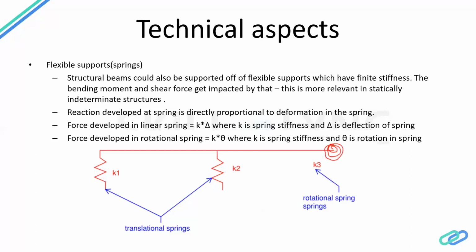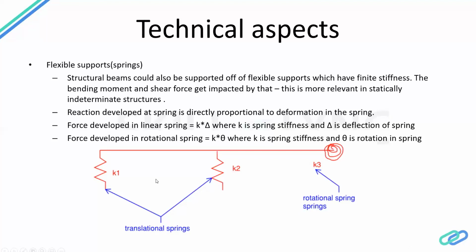So in that case, if you consider this beam here, say it's supported off of two vertical springs, one having a stiffness of K1 in load per unit deformation, and this one having a vertical spring stiffness of K2, and then we have this rotational spring which is K3.